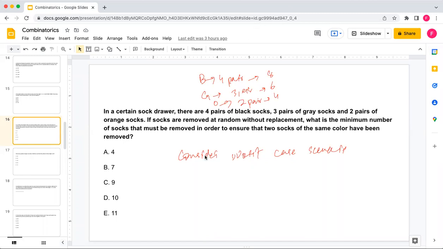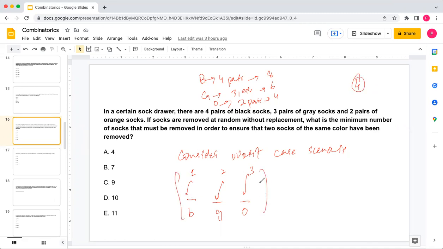Say you pick the first sock and it is black, you pick another sock that is gray, and you pick a third one that is orange. Now if you pick any one more, it will make a pair, either with black, gray, or orange, right? So to ensure that there is a pair, you need to pick a minimum of 4 socks. So this is the worst case scenario.